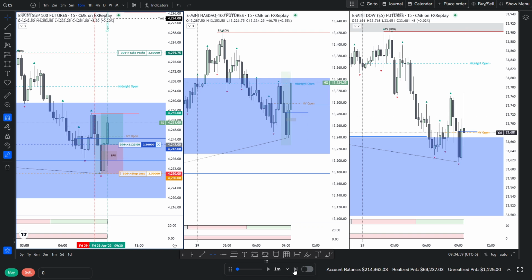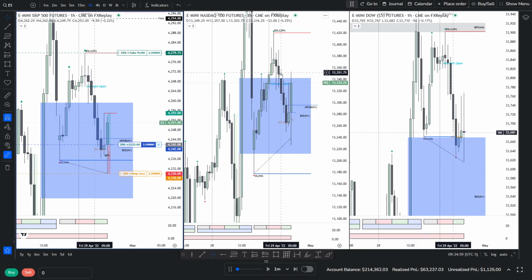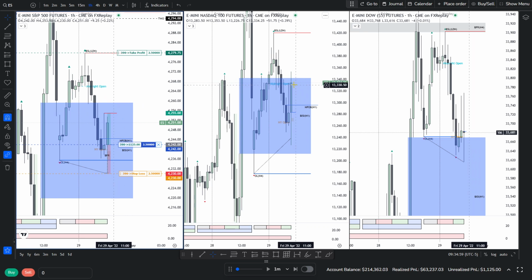I'm monitoring. NQ has traded above its high here, so I want to go back out to the hourly. Now, because NQ has got to that high first, I'm more conscious of the fact that this could reverse. That could be, you know, a liquidity purge and reverse.